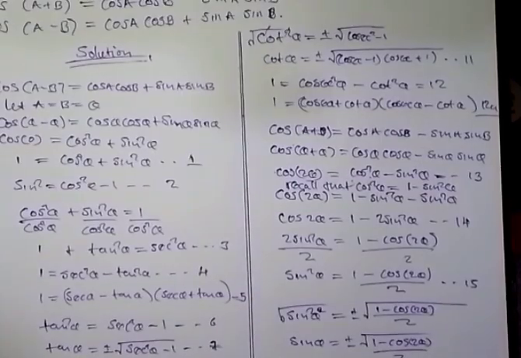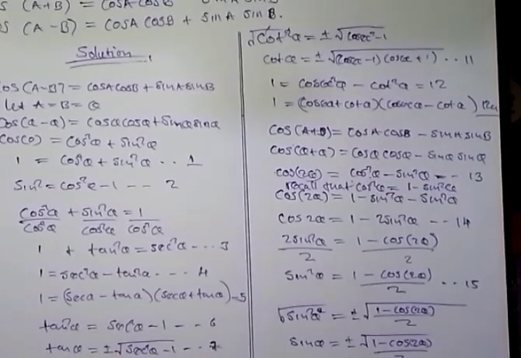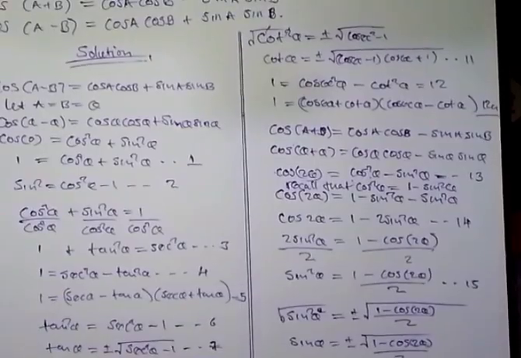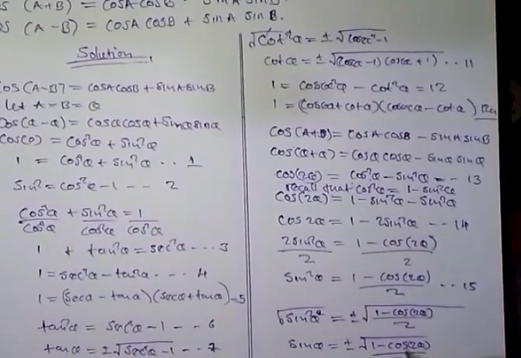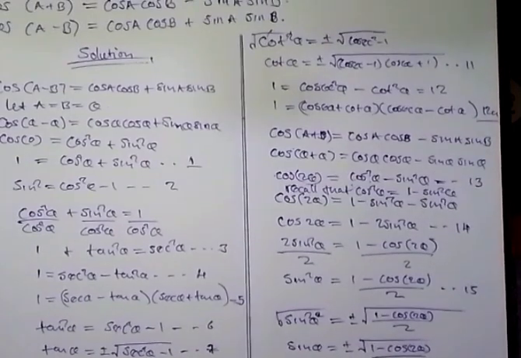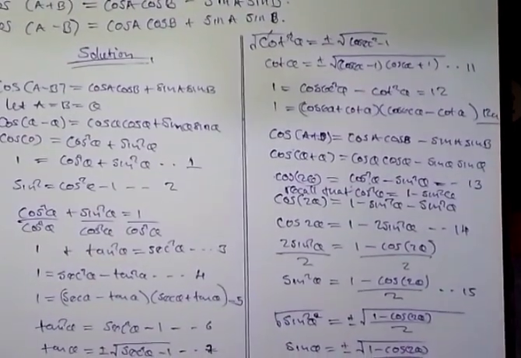So this represents the standard half angle of the trig identity of the sine trig identity. So this is the half angle identity.